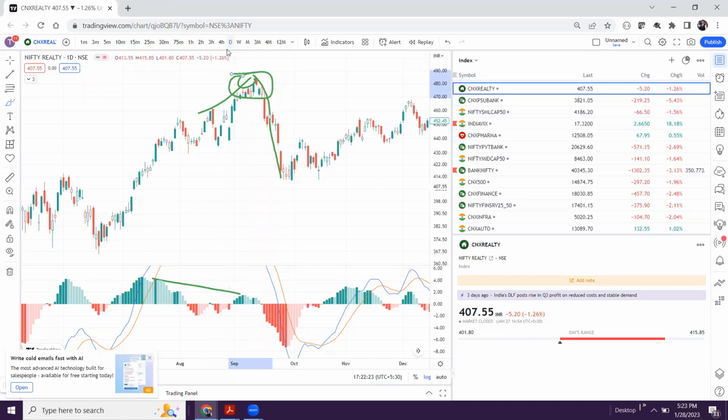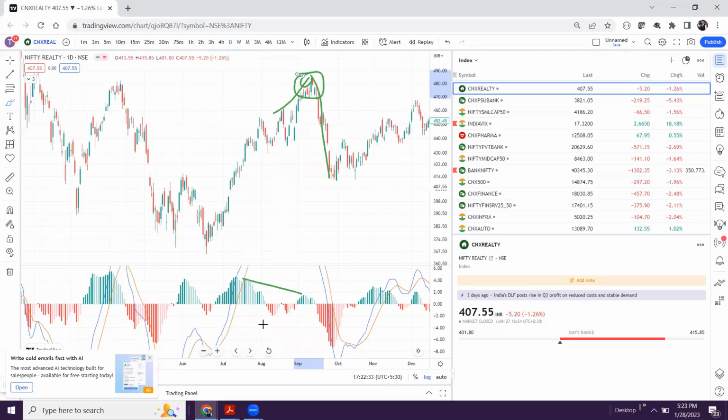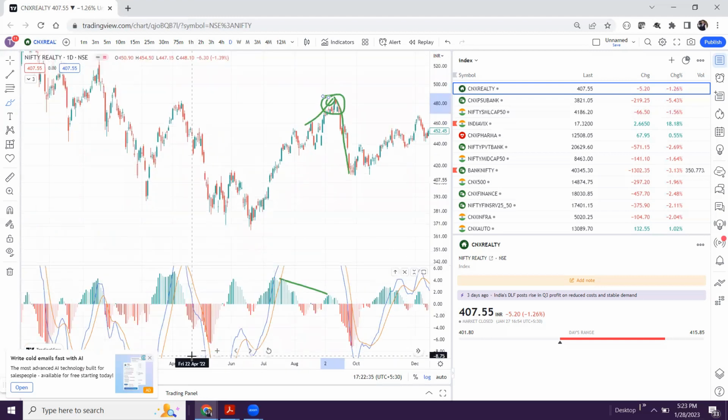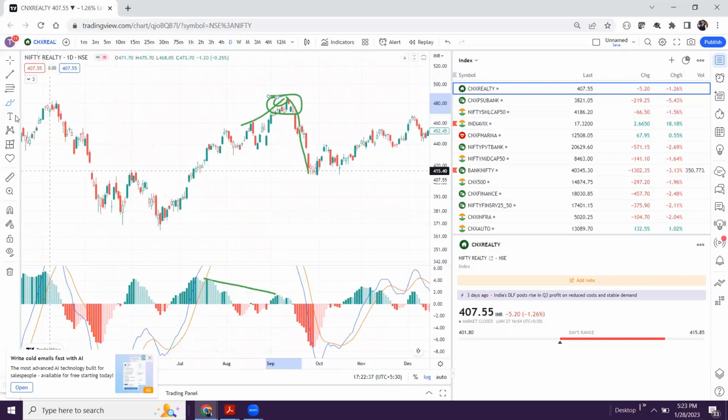Now this is a daily chart. If you go higher, like monthly chart or weekly chart, then that top can last for some more time. Now let us see at the bottom if this divergence works. See again at the bottom, between this swing and this swing, the price is going lower, but the indicator is going up.